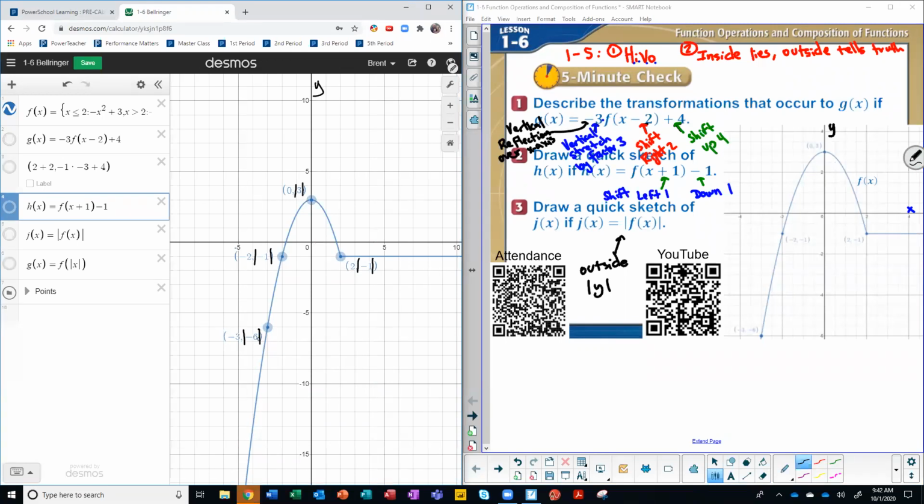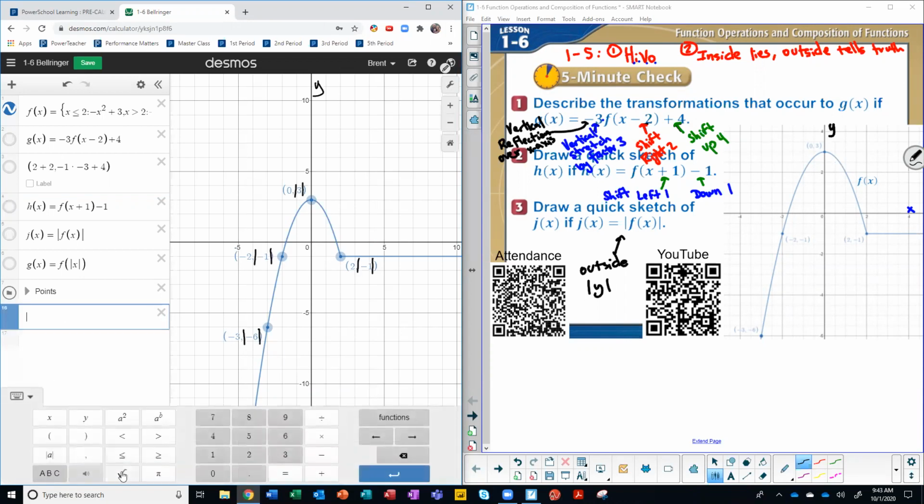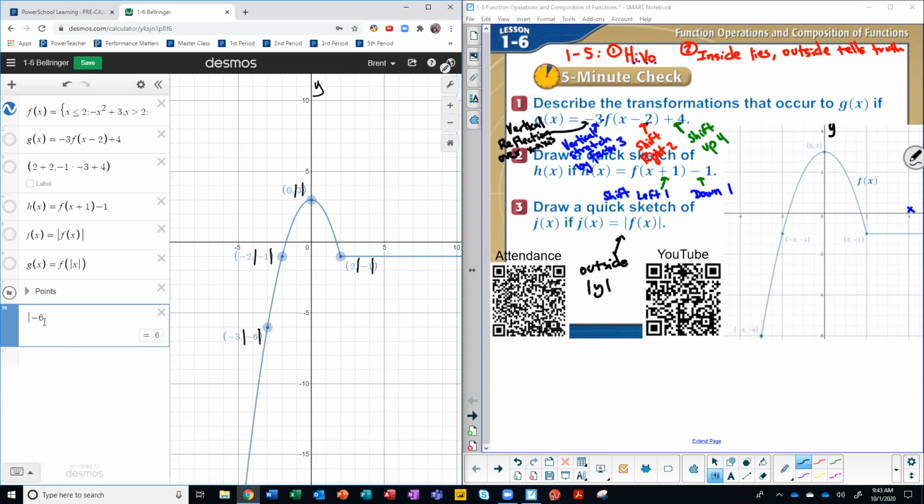Okay, what is the absolute value of -6? What happens to a negative with absolute value? It turns into a positive. If you're not sure, I'll just pull up the keyboard and show you. There it is. -6 turns into a +6. That's all that happens.